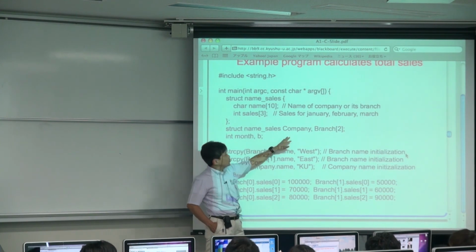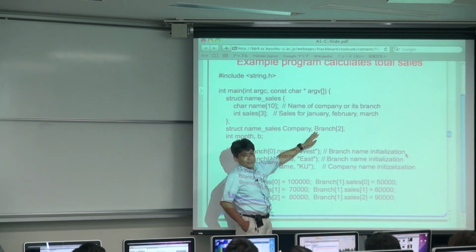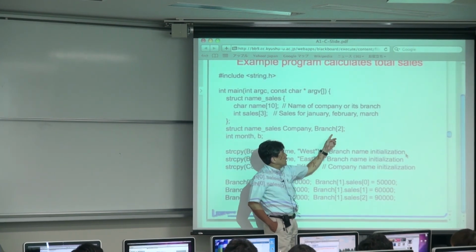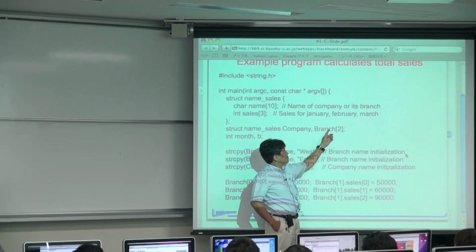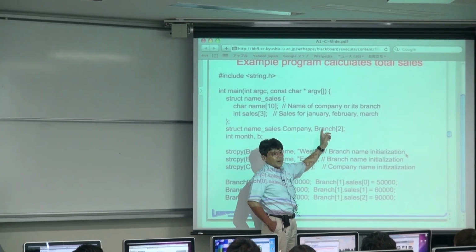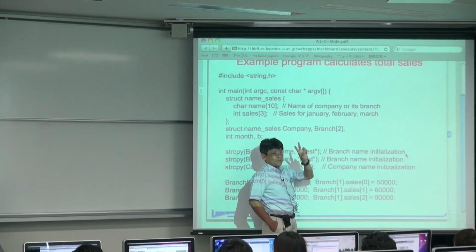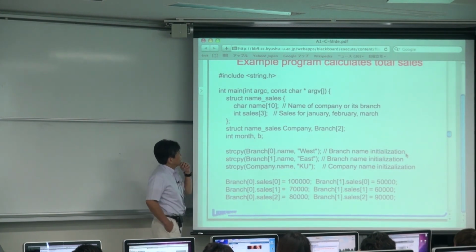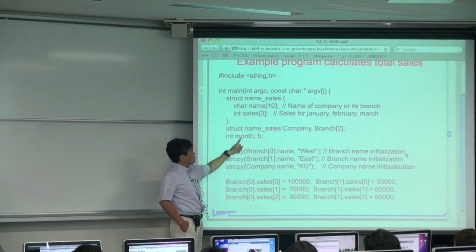In this case, two variables declare the company variable and branch variables. Especially this declares array variables because this company has two branches. And also integer type variables month and b.